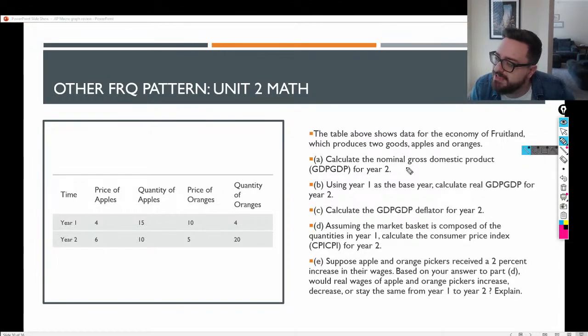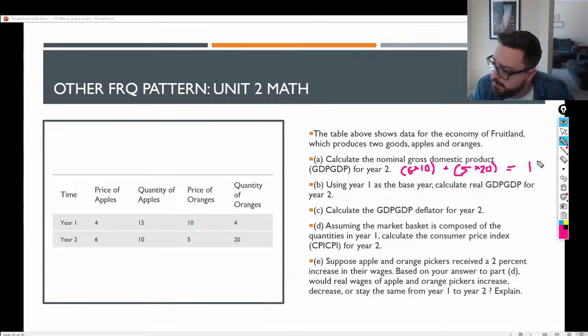So I would do 6 times 10, $6 per apple for 10 apples, and 5 times 20. Six times 10 is 60. 5 times 20 is 100.